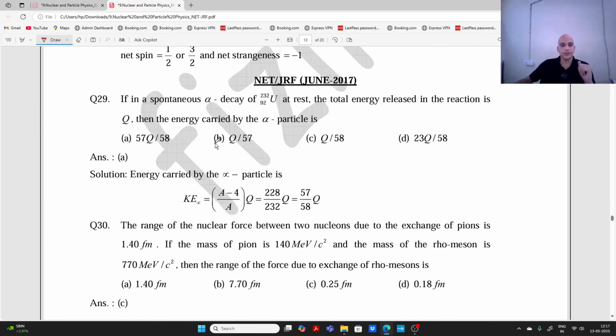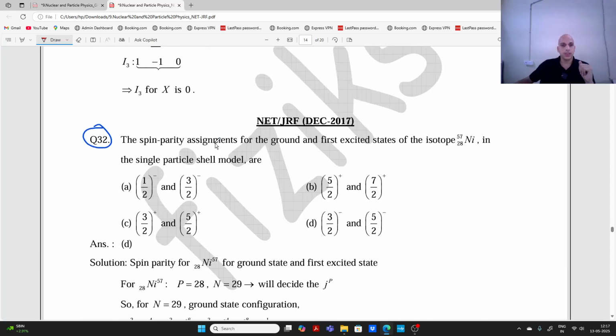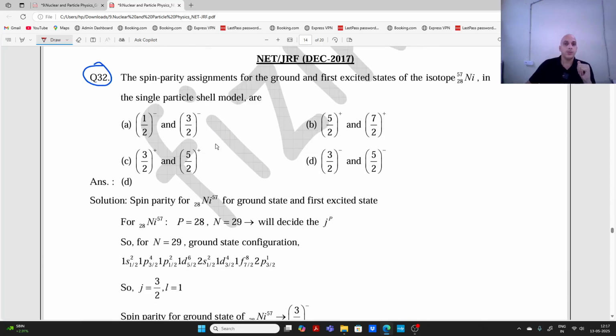The question is again from the shell model. The spin parity assignment of the ground and first excited state of the isotope nickel 57, with 28 protons. So proton is equal to 28, neutron is equal to 29. So the unpaired one is a neutron.